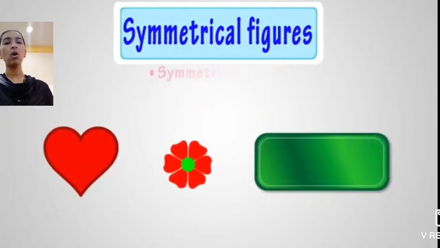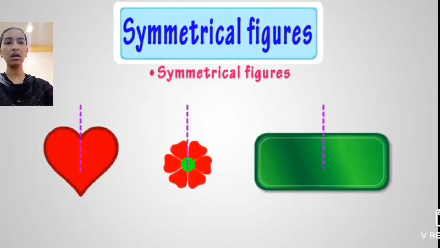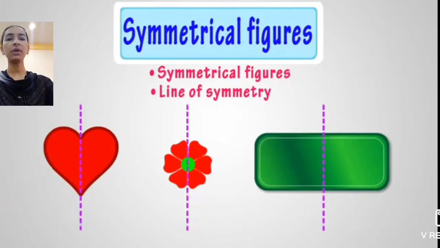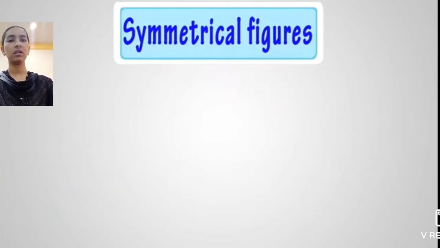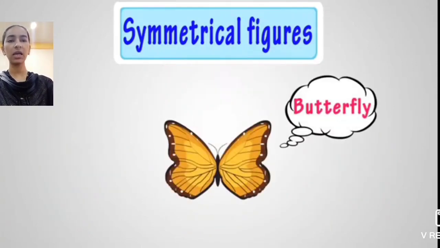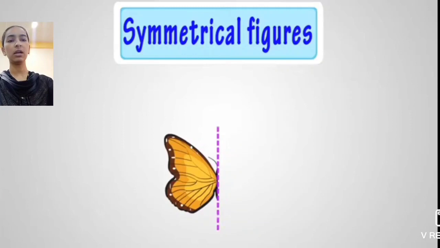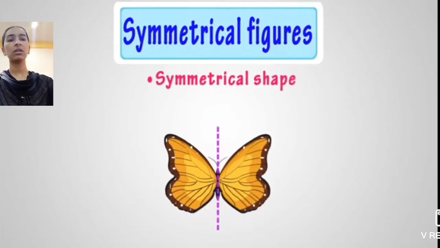Now all these are symmetrical figures, and they have a line of symmetry. A figure can have more than one line of symmetry. Okay, understand this? Now you can see a colorful butterfly. If I draw a vertical line, then it gives the other symmetrical half.